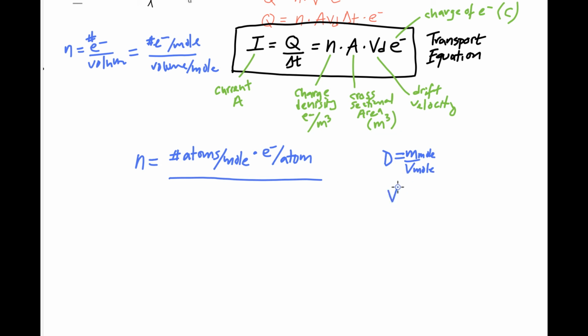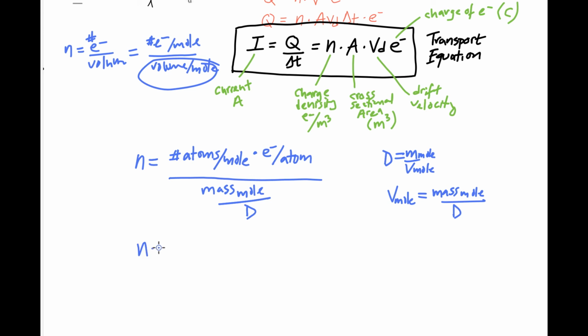So I can switch this around, that the volume of a mole of any substance is equal to the mass of the mole divided by the density of that substance. So that's what I'm going to put now in the denominator here, because the volume of the mole is going to be the mass of a mole over the density. All right, we're almost there.